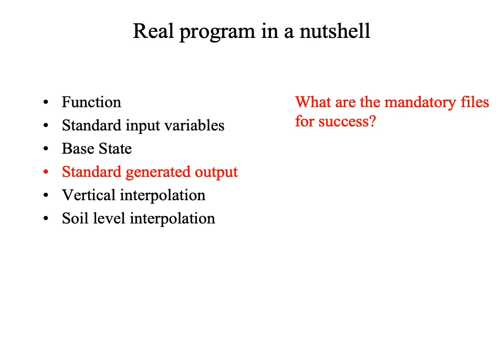Just as there are input variables, there are output fields that are required. There are two output files. The first output file is the WRF input file. That's the 3D volume of data for an initial condition for the WRF model.